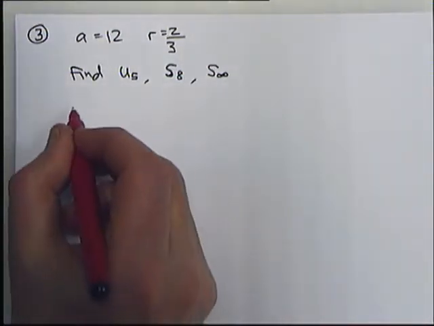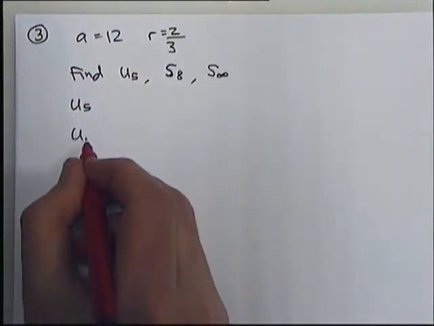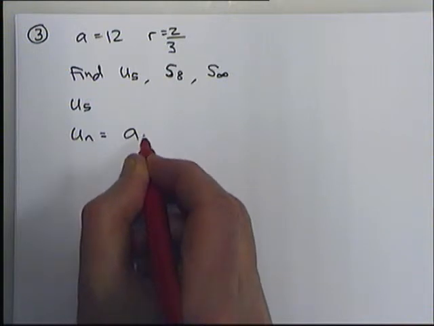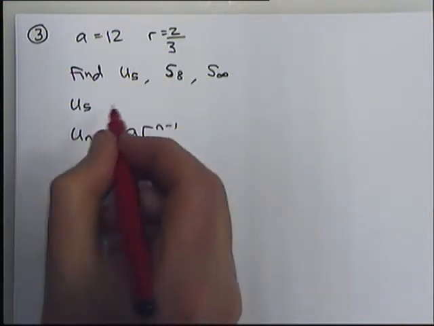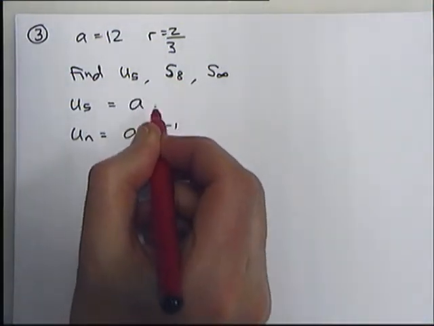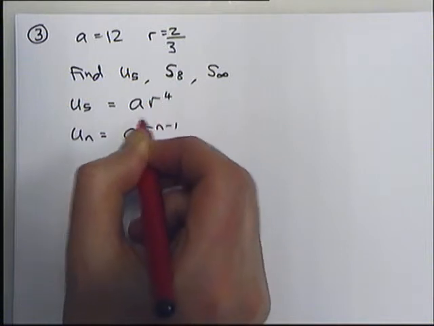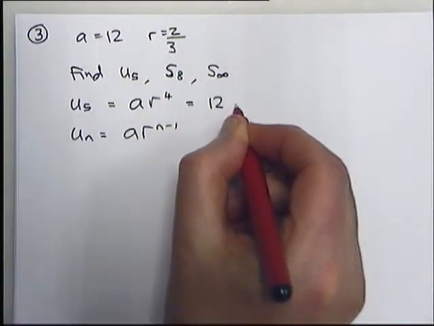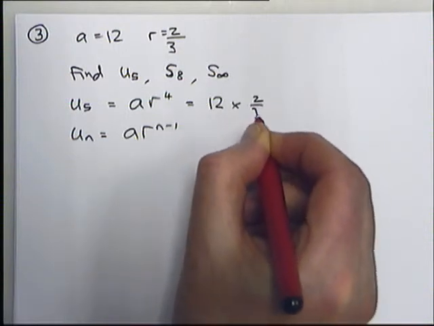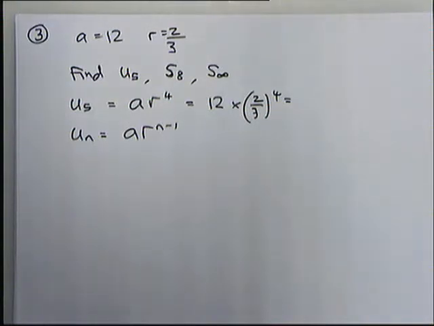We're going to use the rules we've had earlier. For the fifth term, U5, a rule we had earlier was that the nth term is a times r to the n minus 1. So the fifth term would be a times r to the 5 minus 1, or a r to the power of 4. So that would be 12 times 2/3 to the power of 4.